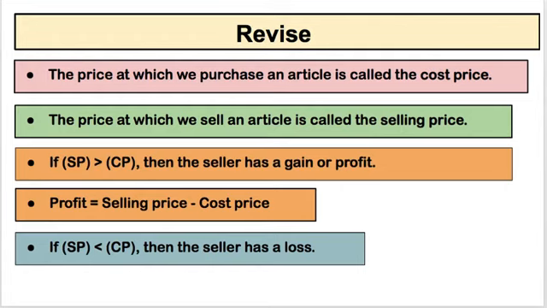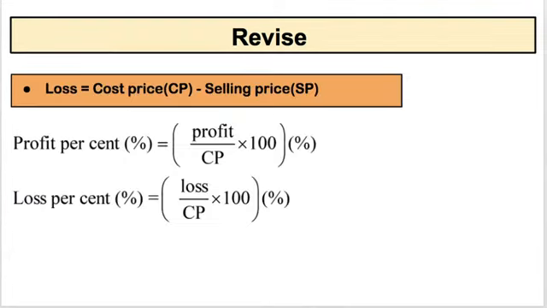This is a total capsule form में आपको I have given everything, what is cost price, what is selling price. Now if the selling price is higher, you are earning a profit, or we say gain. The profit formula is given, that is selling price minus cost price. If the selling price is less than the cost price, you incur loss, and that loss is given by CP minus SP.